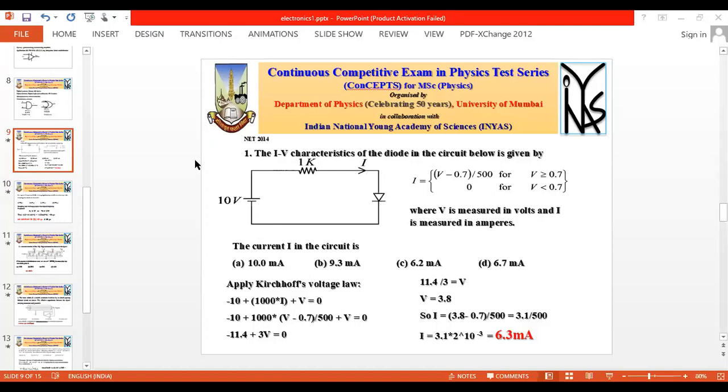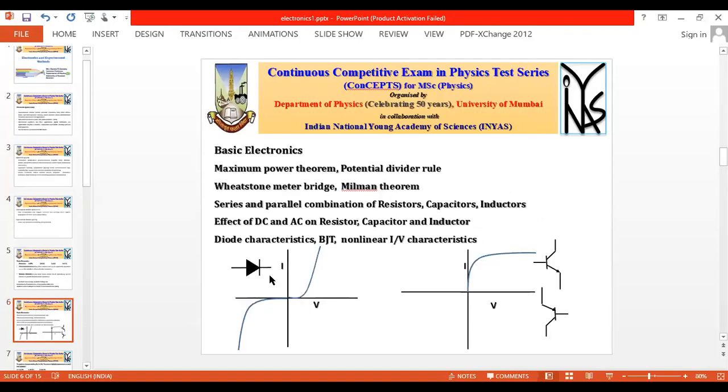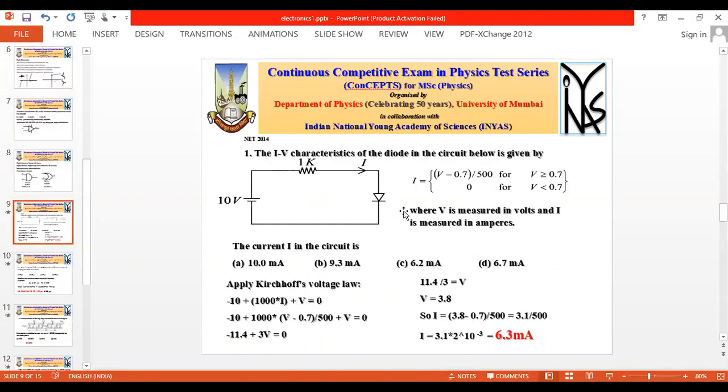So if you go back and see the diode characteristics, what happens in this case? You can see in forward bias the voltage is increasing and the current is also increasing in the diode. So for that purpose we have to use Kirchhoff's voltage law, but we cannot fix the voltage across the diode equal to 0.7 volt.